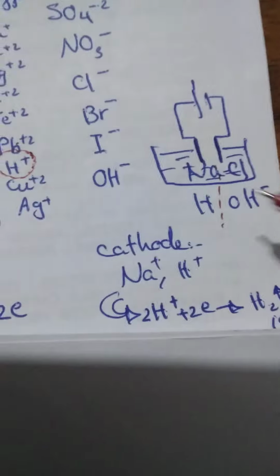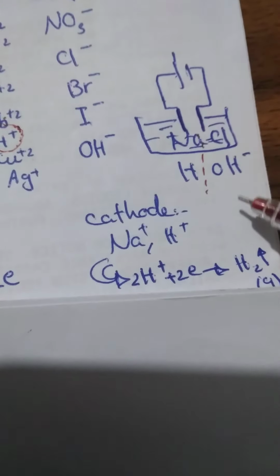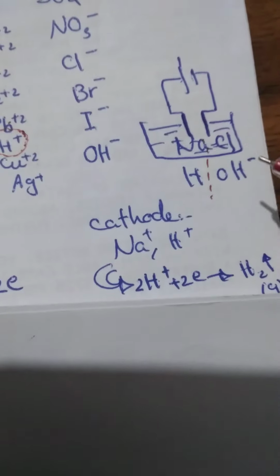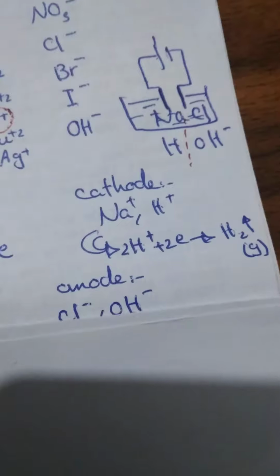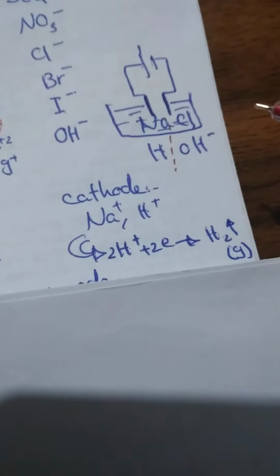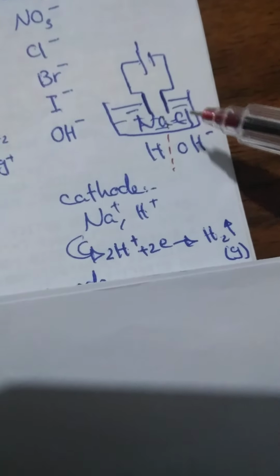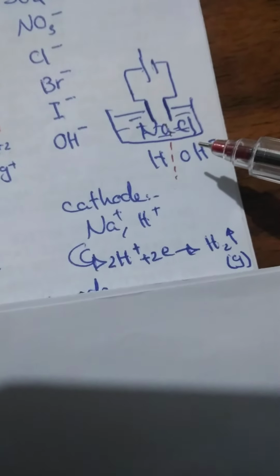What about the anion here? We have chloride ions and hydroxide ions. Which one will be discharged? Once again, both will migrate towards the anode. Only one of them will be discharged. We said before it's according to the concentration. Here, which one is in excess?